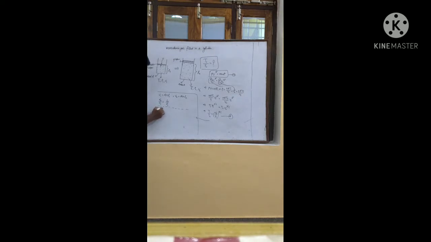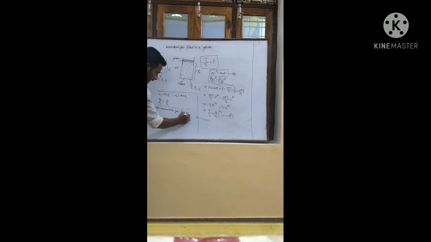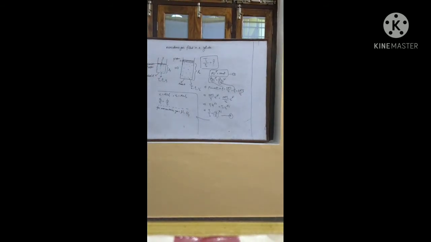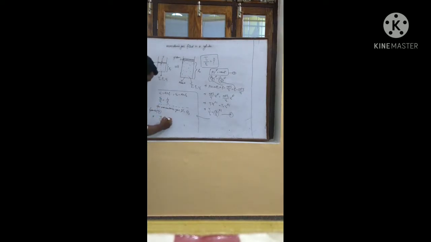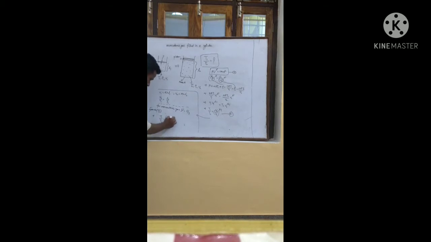And for monoatomic gas, we know the value of gamma, that is 5 by 3. So now put all these values in equation 2. From equation 2, T1 divided by T2 is equal to V2 divided by V1, means L2 divided by L1, and power is 5 by 3 minus 1.